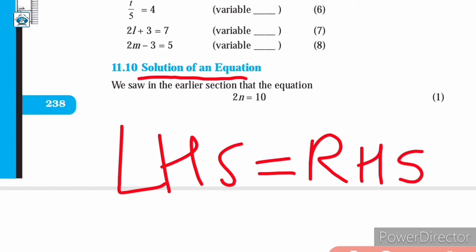Once again, the value of the variable in an equation which satisfies the equation is called a solution to the equation. So in the equation 2n is equal to 10, n is equal to 5 is the solution of the equation.